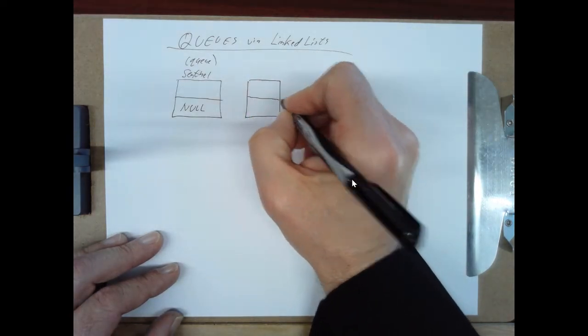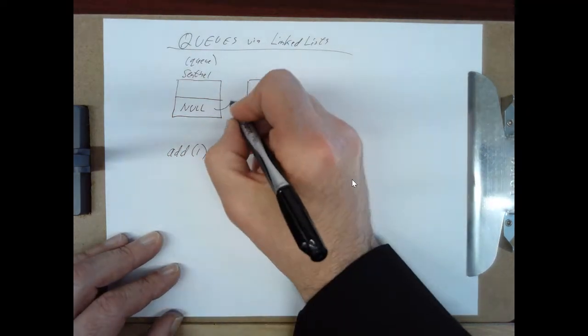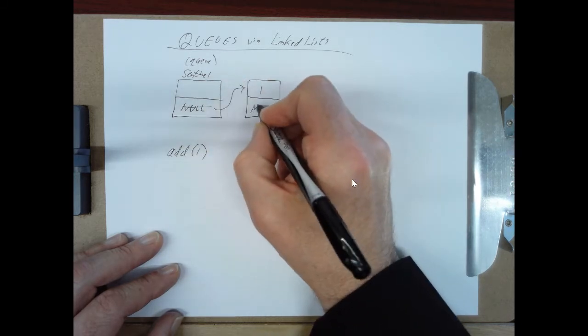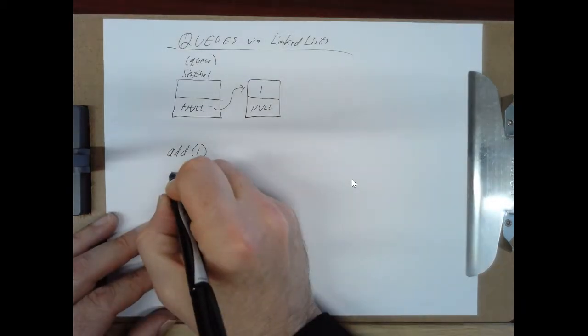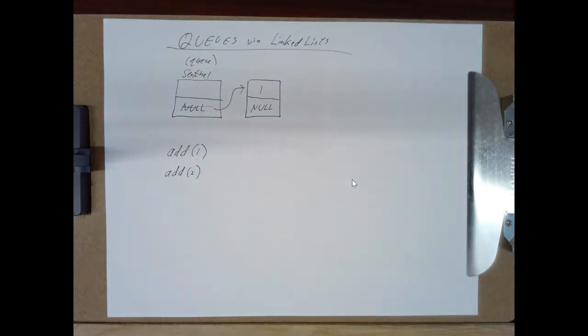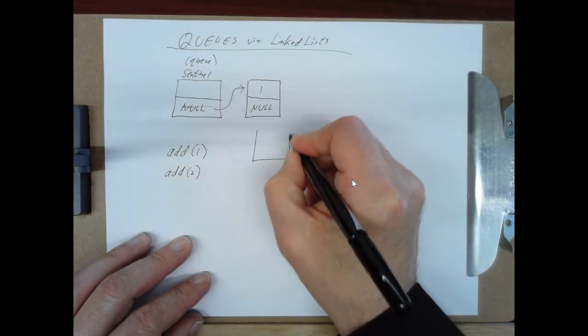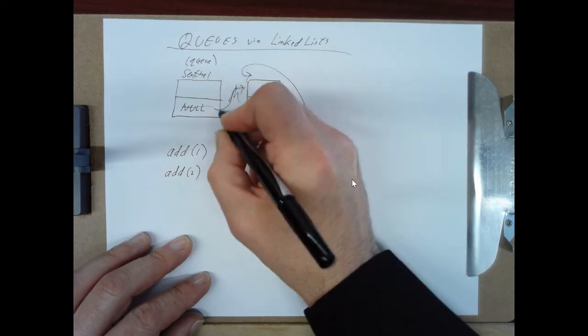So let's say we want to add the number 1 to the queue. Probably this is the right way our queue should look. Sentinel points to a single node containing our single entry in the queue. That's a 1. The interesting question is, if we add 2, where should we insert that 2? Well, it's pretty straightforward to just insert it in the beginning, right? So we'll make a new node with a 2. We'll have that point to the last node, and then we'll change our Sentinel to point to this.